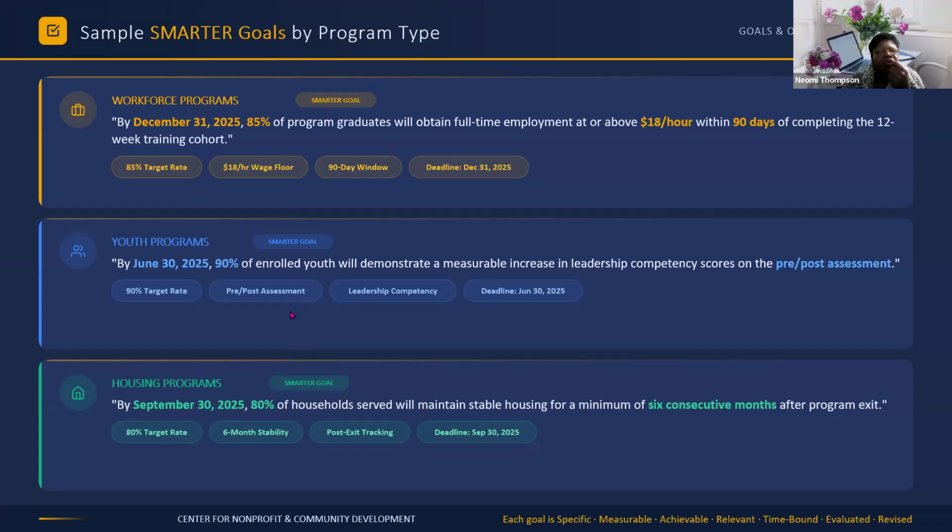Which means that this is looking like it's going to be a 6-month program. And they're saying by the end of those 6 months, on June the 30th, this is what they plan to accomplish.